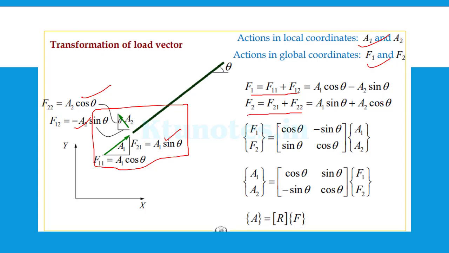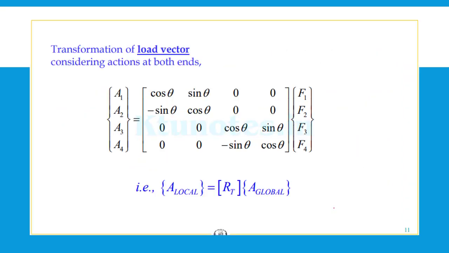Okay, so f1 is equal to cos theta minus sin theta cos theta in the a1. Then relating a and f. Previously we had d is equal to r into u. Here we have a is equal to r into f. As previously, we are writing for the entire member.